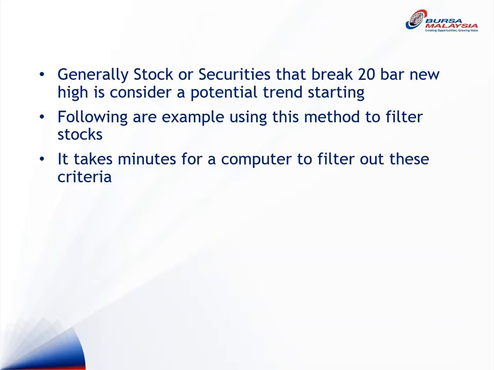So generally, stocks or securities that break a 20-bar new high, for myself, I consider a potential trend starting kind of strategy. So with this, you never catch a bottom because you're actually breaking a 20-bar new high. That means if the price is higher than or has been touching the 20-day new high level, then you should consider or should alert this stock can be a potential mover.